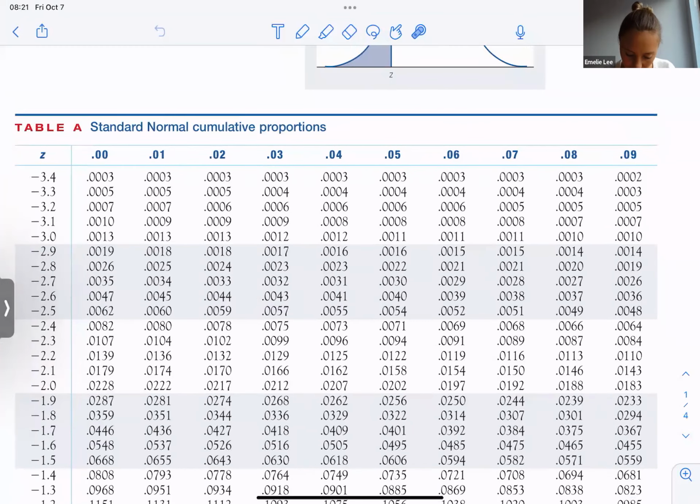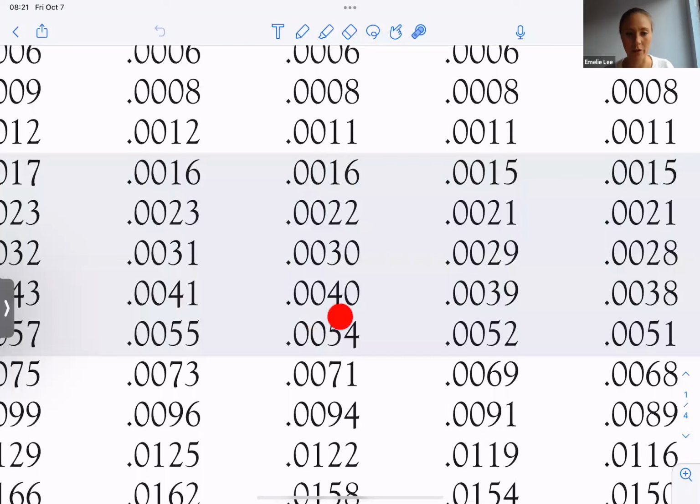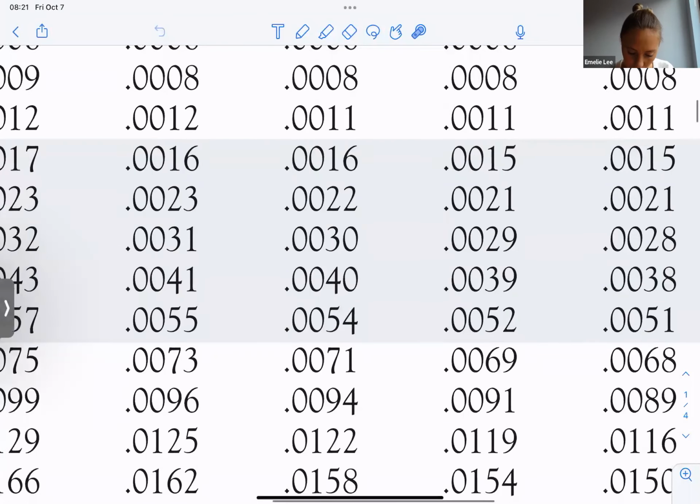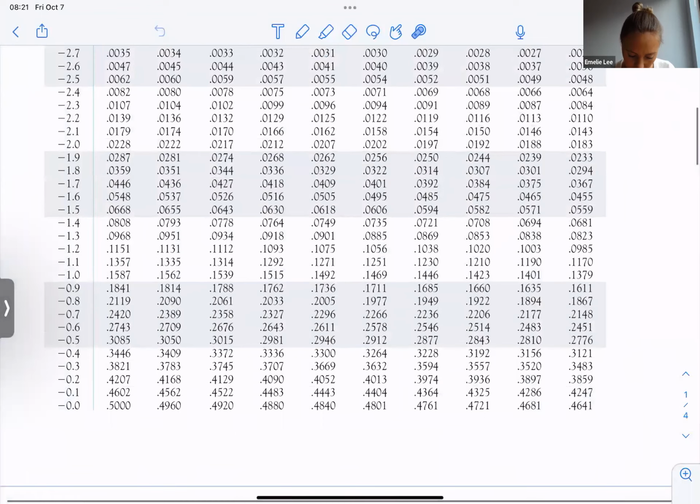So you want to be careful that you don't fall for the wrong number, something that looks the same. I see that all the time, so that's why I mention it. So the 0.4 is actually going to be closer to the bottom here, because as we move closer to a Z of 0, we're going to get closer and closer to 0.5.